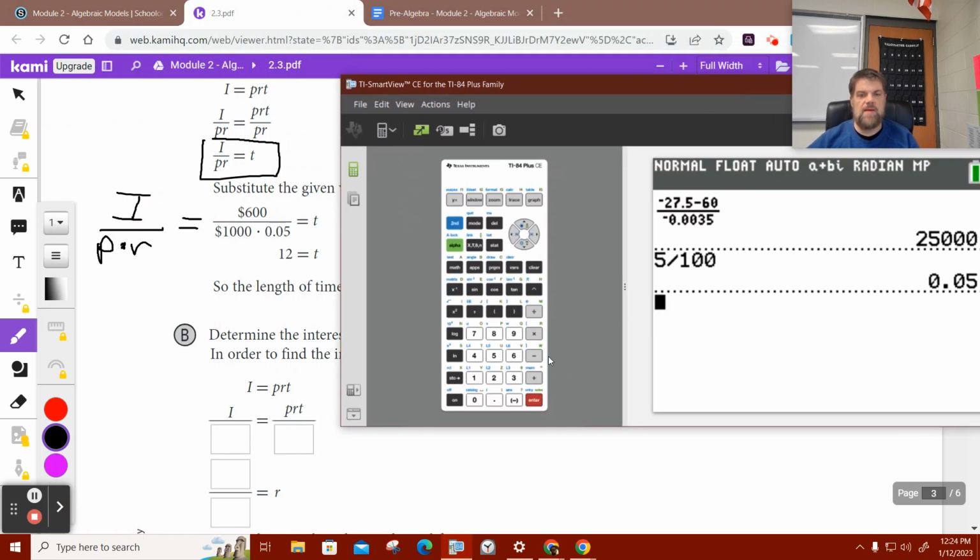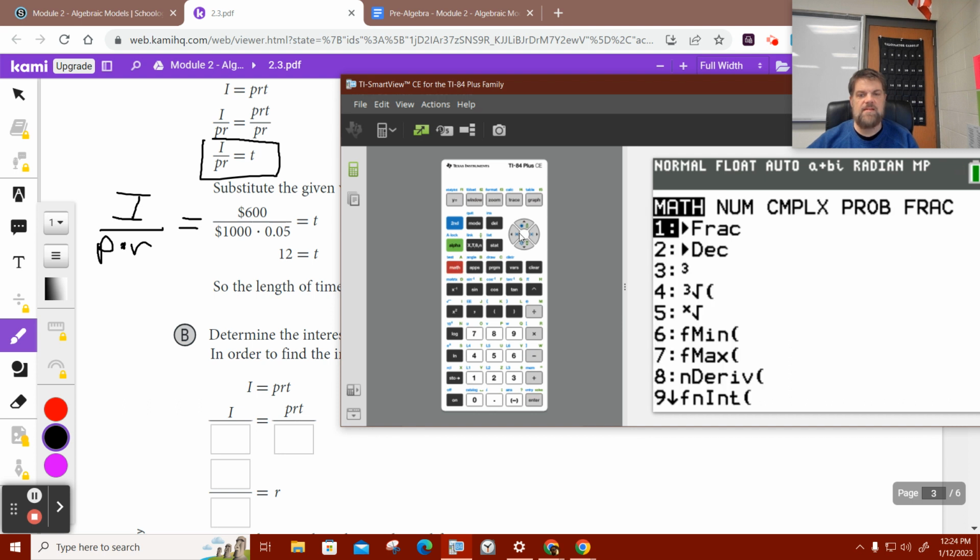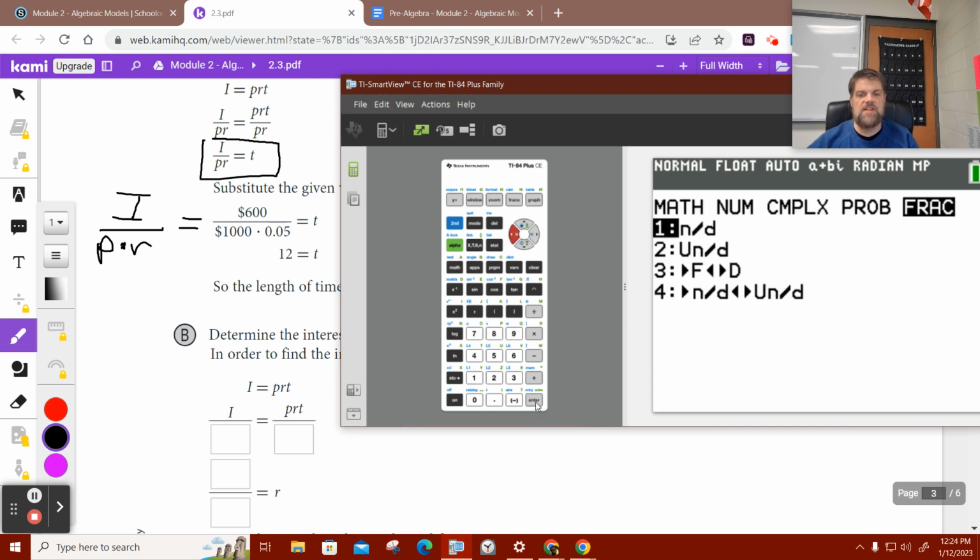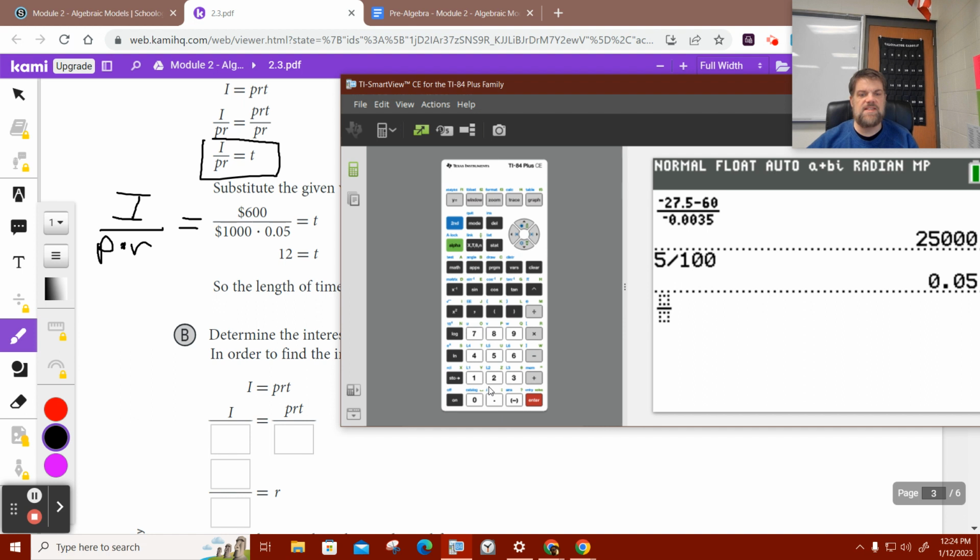I'm going to hit math, go over to the fraction thing, get my little fraction button. In the top, I'm going to put 600. And then on the bottom, 1,000 times 0.05, right? So I'm just entering this information into my calculator, basically how I see it.